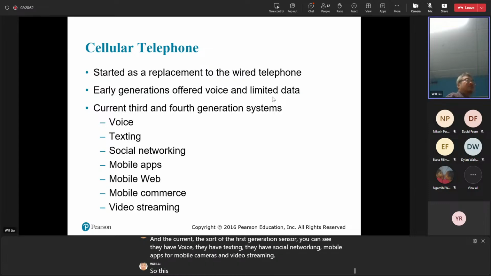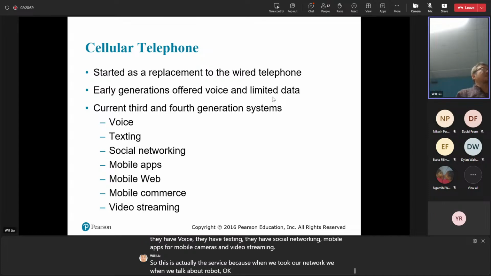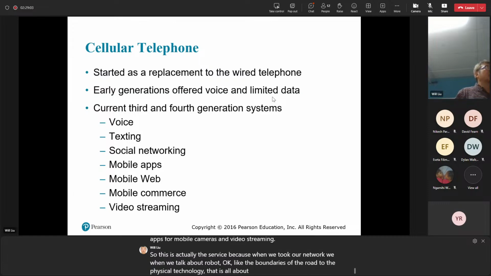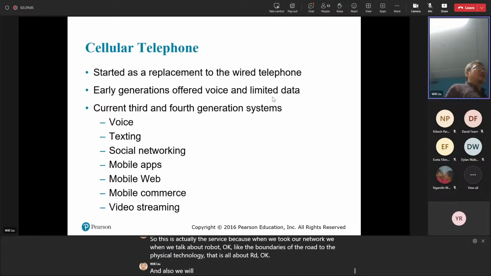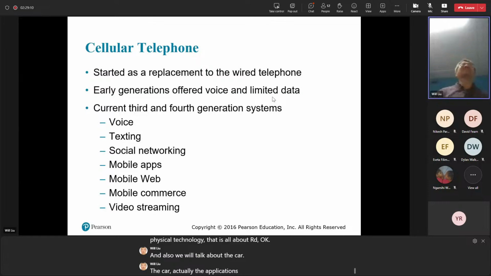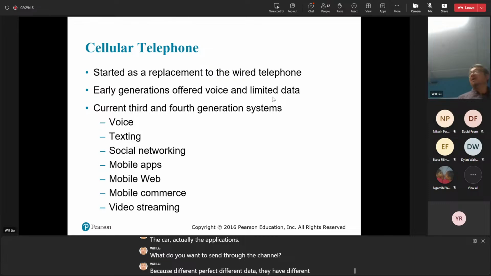This is actually the service, because when we talk about network, we talk about the road, like the bandwidth of the road and the physical technology. And we also talk about the car. The car is the applications: what do you want to send through the channel? Different traffic and data have different requirements on the network.